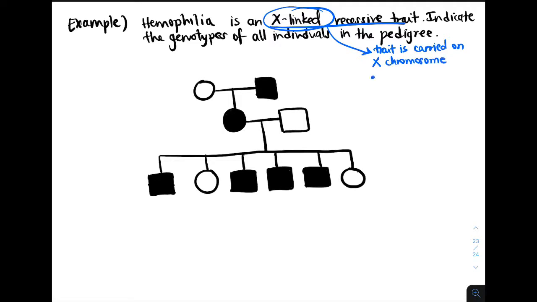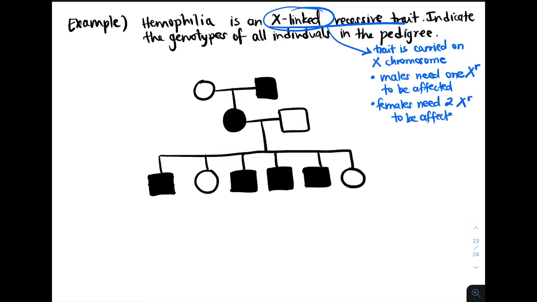And the reason that this is important is because it means that males need only one X with the little r allele in order to be affected, whereas females need two of the recessive X chromosomes in order to be affected. And recall that the reason is because females have two X chromosomes, whereas males have one X and one Y.